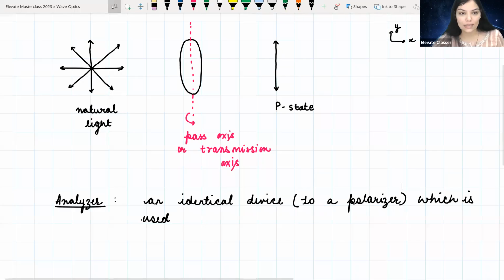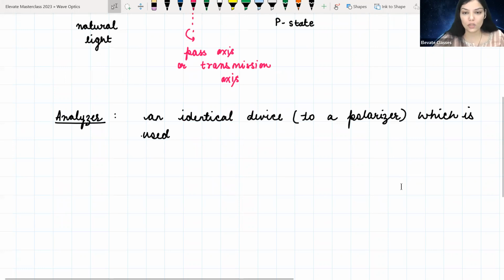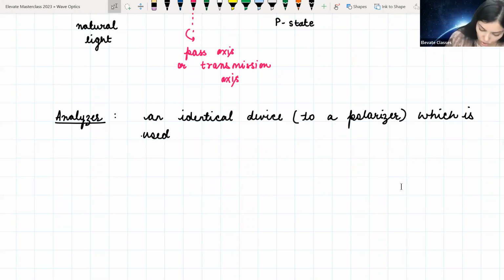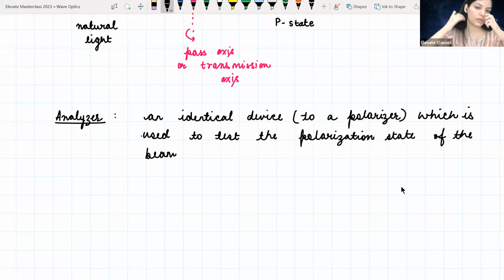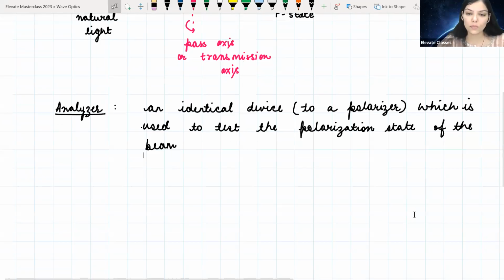That second polarizer is just called an analyzer because we are using it to analyze. Okay. So it's an identical device. By identical I mean identical to a polarizer, which is used to test the polarization state of the beam. That some light beam is coming to you and you want to find out what the polarization state is.